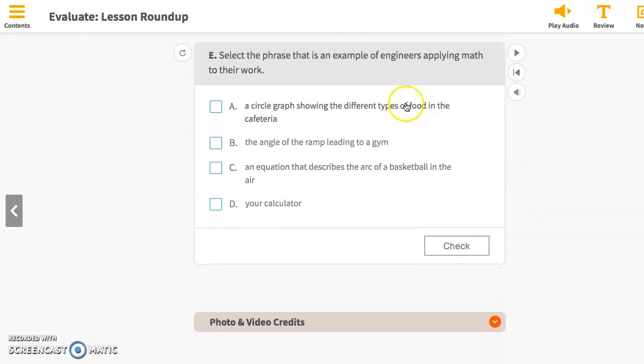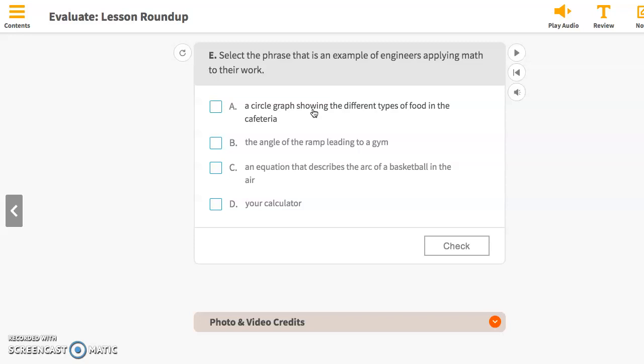Select the phrase that is an example of the engineers applying math to their work. So math specifically, okay? If there's no angle, like when it says your calculator, that one's already out, because how are they applying it to their work? That's just saying technology, but it's not saying how it's applied. A circle graph to show the types of food in a cafeteria.